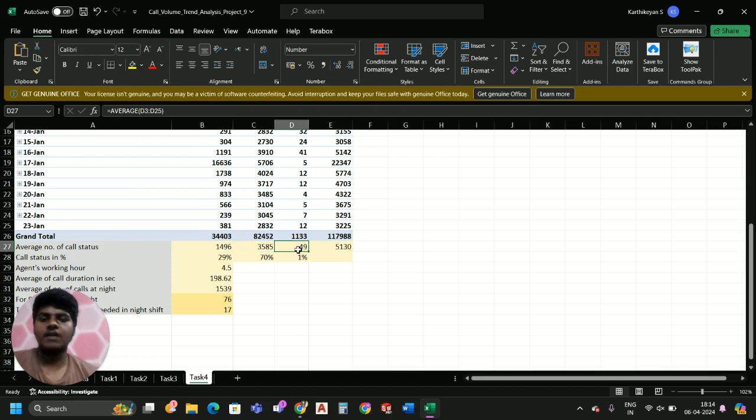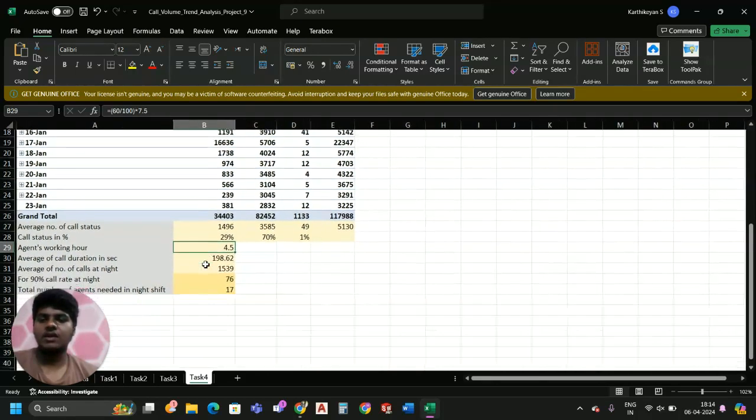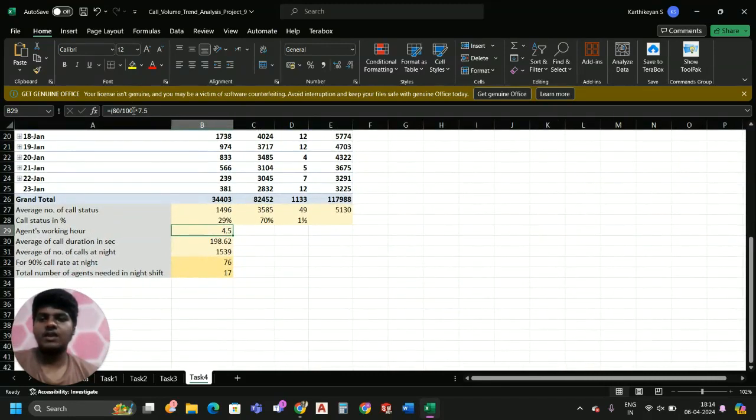In the same manner as in task 3, I took this percentage by dividing the average of abandoned calls by the average of total number of calls.